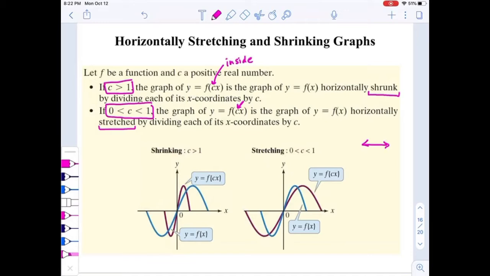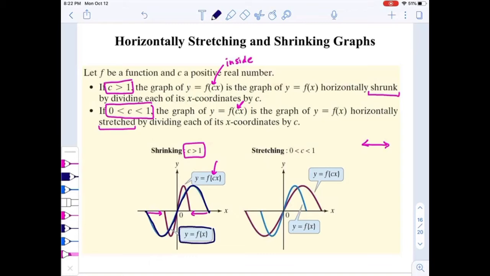So now what happens left and right, if I take my original function? That original function is this blue curve, our f of x function. What happens now is if we add in the c value, c greater than 1, a bigger number, it's now going to end up shrinking. It's going to go smaller left and right.